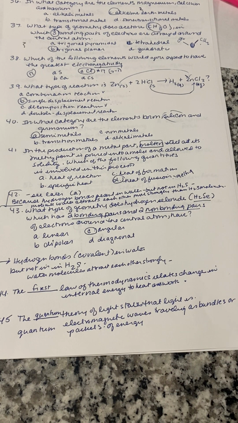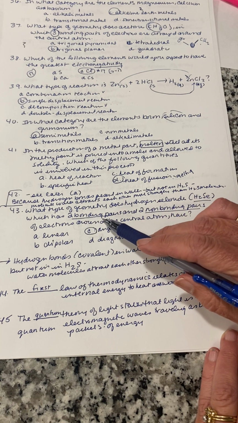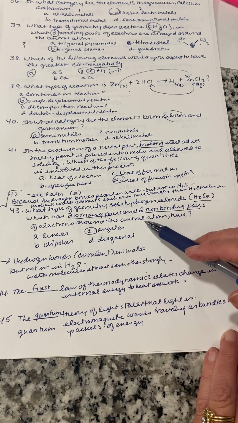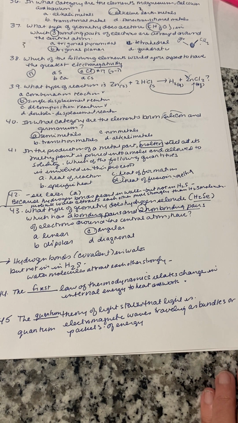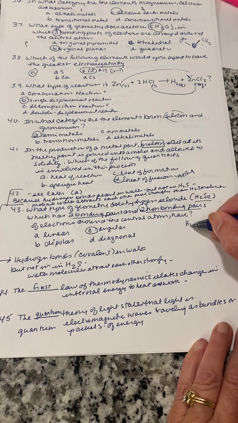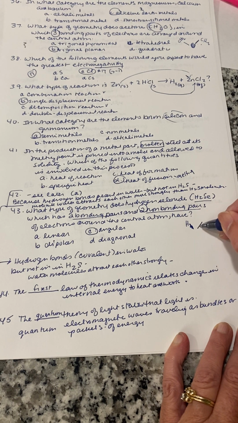So 43, what type of geometry does hydrogen telluride have? So here it is, H2Se, which has 2 bonding pairs and 2 non-bonding pairs of electrons around the central atom. So you have H2 and Se, so you're going to have 2 of H, and another H, and you're going to have Se.